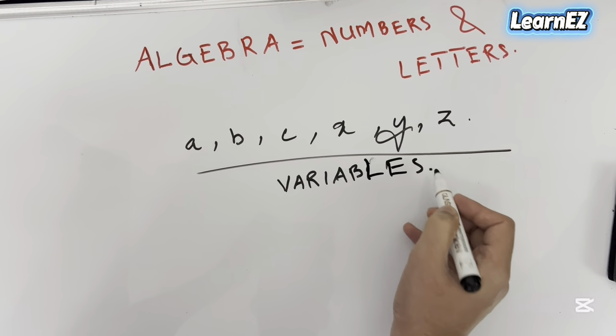And then if I write it, x is equals to 5. So here you see there's a number and there's a variable. This is a variable and this is the number. So basically this 5 here, this is the value of x. So this is the value of the variable.